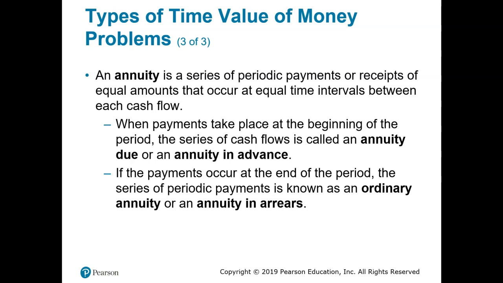Annuities can then be called either an ordinary annuity or annuity due. So when payments take place at the beginning of the period, that one's called an annuity due. When the payments occur at the end of the period, then that is an ordinary annuity. All right, we're going to see some examples of this as we get into the next video, which is just going to be an overview of how to solve some of these problems.